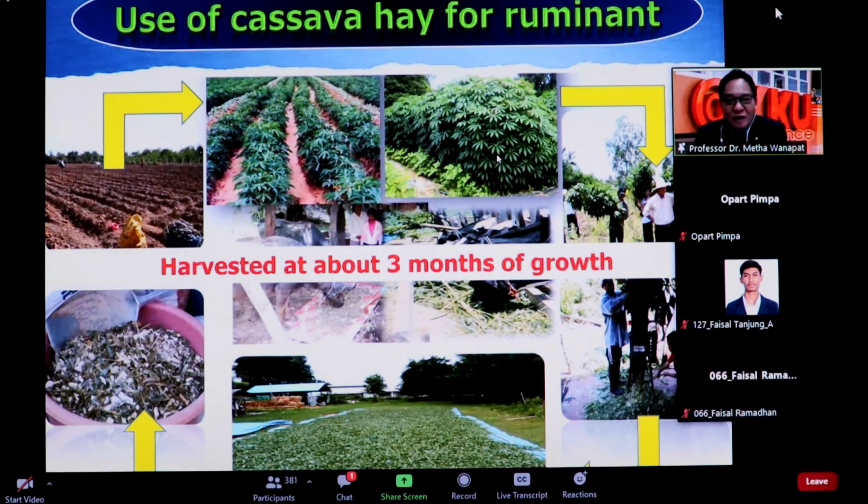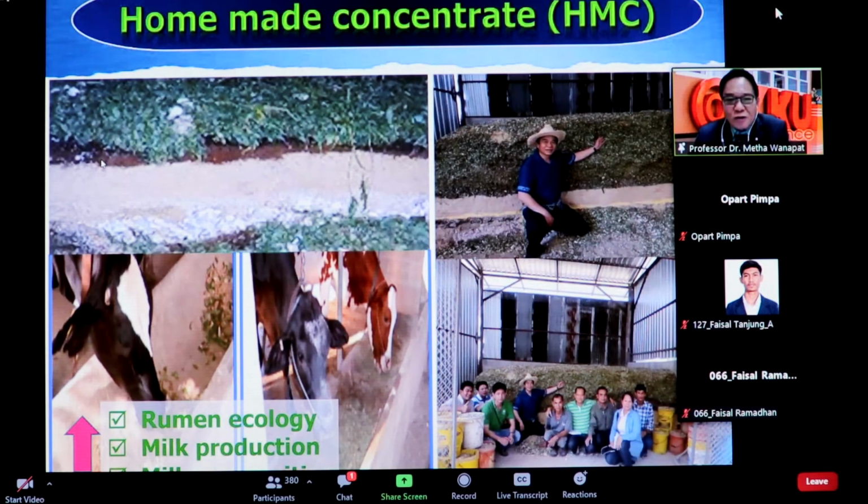Using cassava, you can see good pictures, beautifully managed. If you can manage like that, you can harvest it and make hay or make silage, right? This picture shows hay mixed with the concentrate. This is a homemade concentrate, done by the farmers.